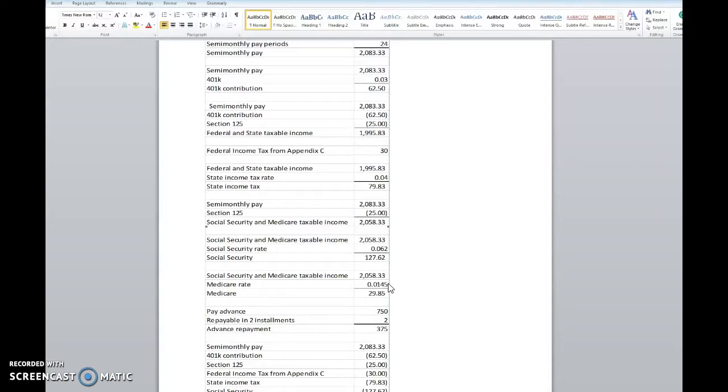Now, he does get a pay advance of $750. He's repaying it back in 2 installments, so the advance repayment for him is $375.